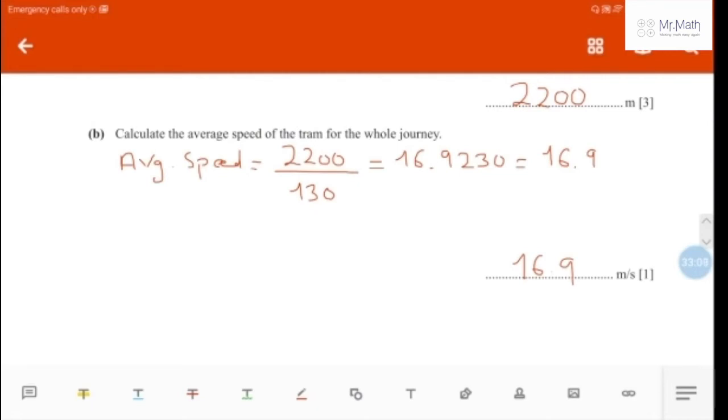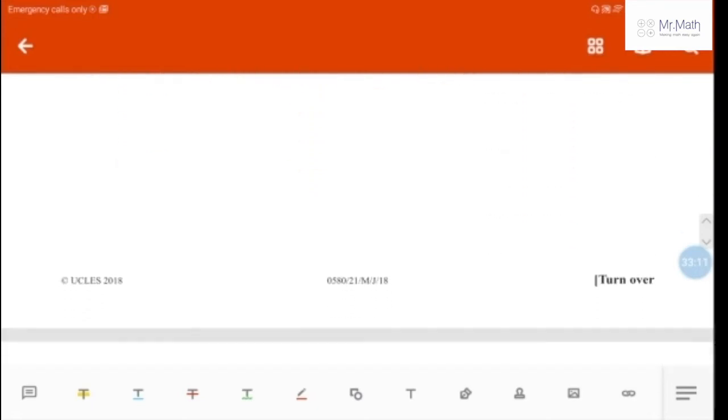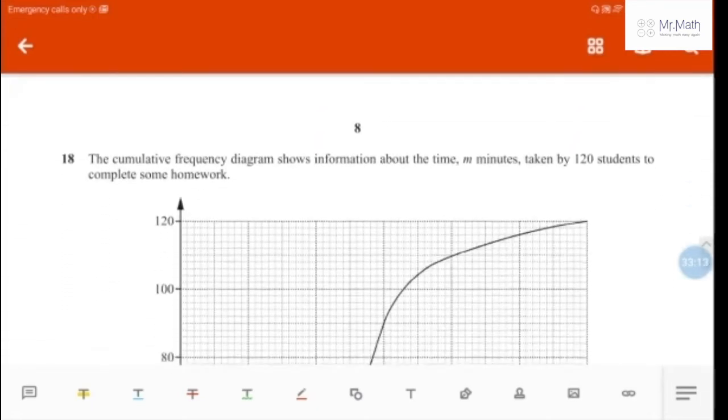Okay, now let's solve question 18. In this question, it says the cumulative frequency diagram shows information about the time m minutes taken by 120 students to complete some homework.